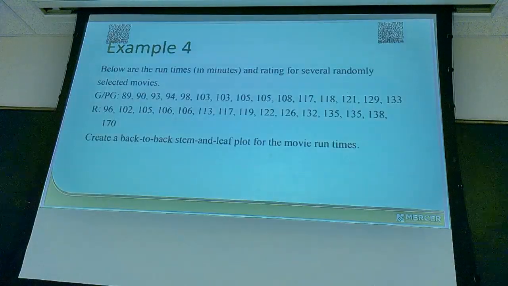So, run times in minutes for several movies along with their ratings. G and PG and rated R. Create a back-to-back stem and leaf plot.